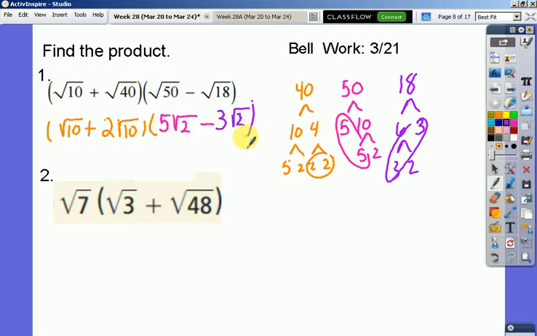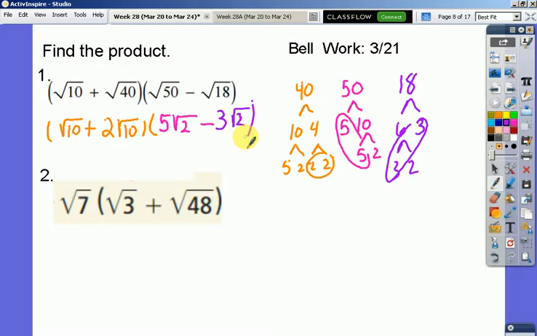What do you notice about this problem? What sticks out to you? You could foil, but that's more difficult. What could you do that's easier than that? Something easier than foiling. Combine like terms. Don't you have like terms here and here?